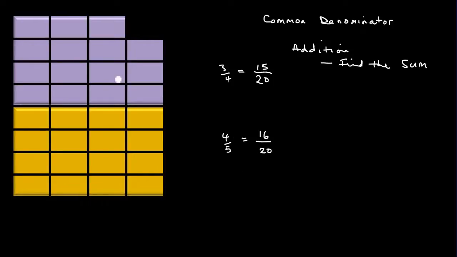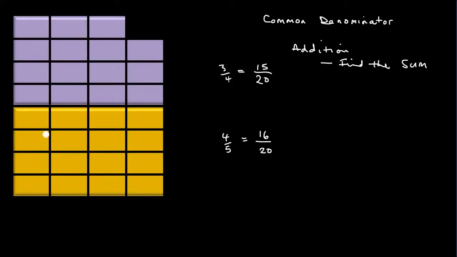So let's just check that. I do apologize. Let's just check that on our diagram. We should have 15 here. So we've got 1, 2, 3 times 4 gives us 12 here, plus the 3 on the top gives us our 15. And here we've got a 4 by 4 grid.